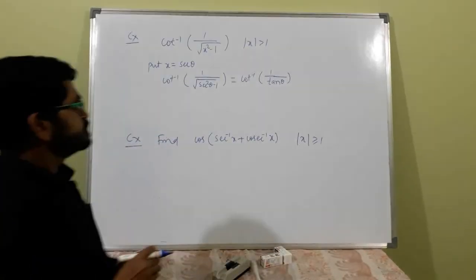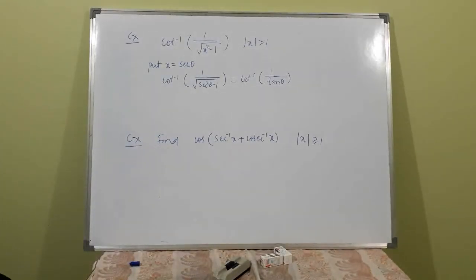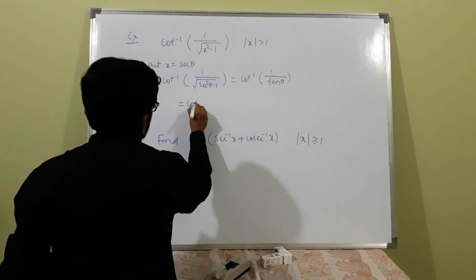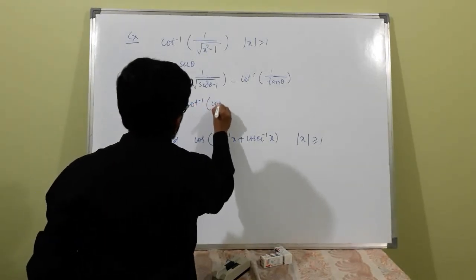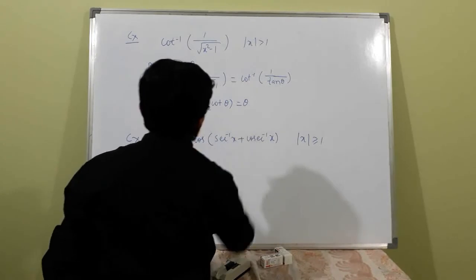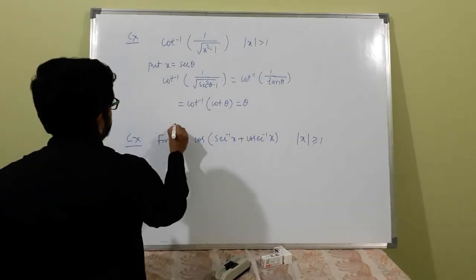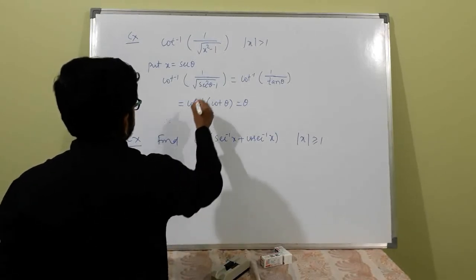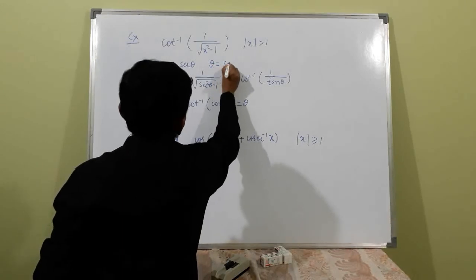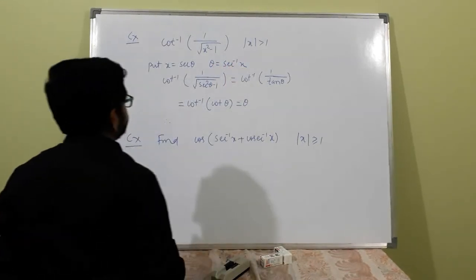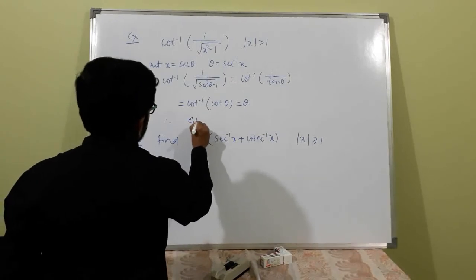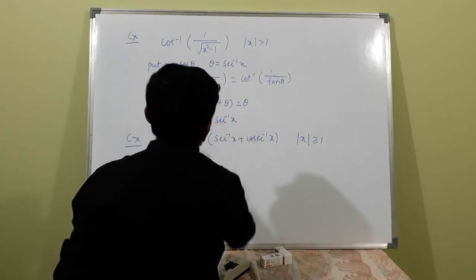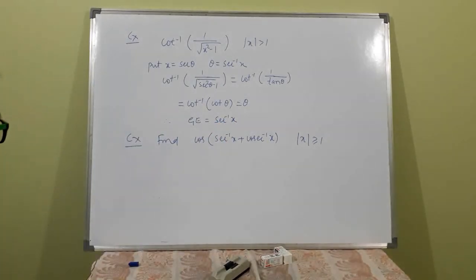Secant squared theta minus 1 is tan squared theta, and the root of tan squared theta is tan theta. So this is equal to cot inverse of cot theta, or simply theta. Therefore theta is equal to secant inverse x. The given expression is equal to secant inverse x.